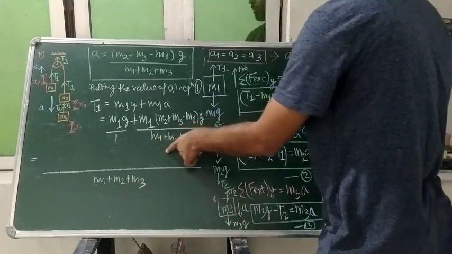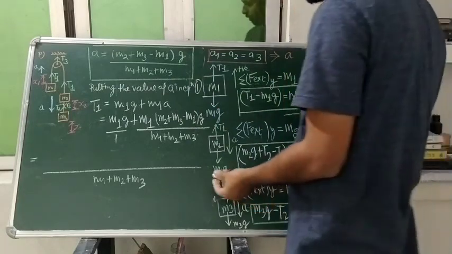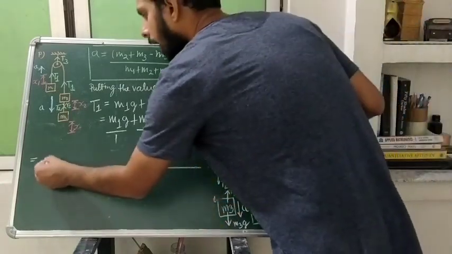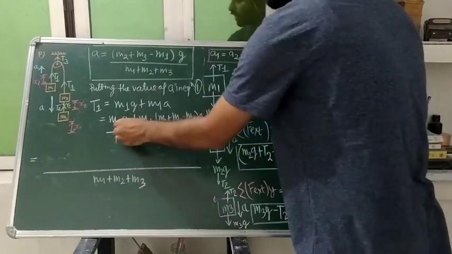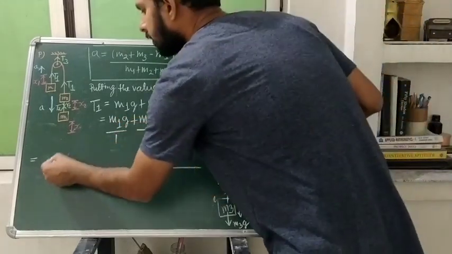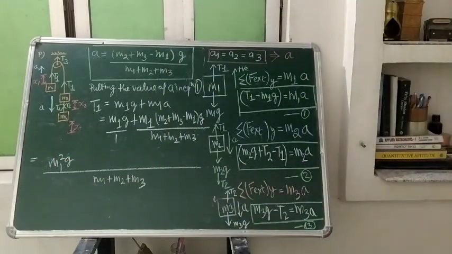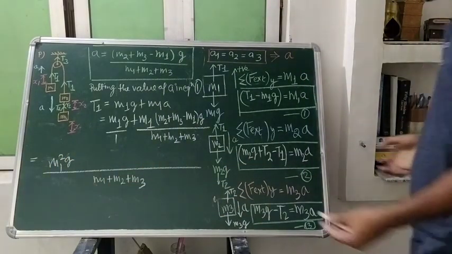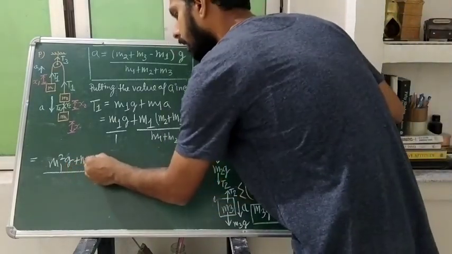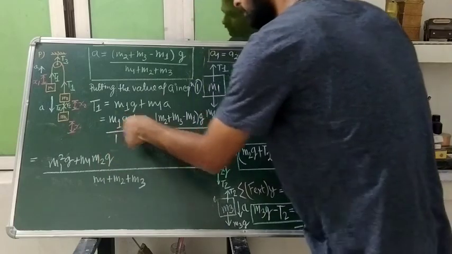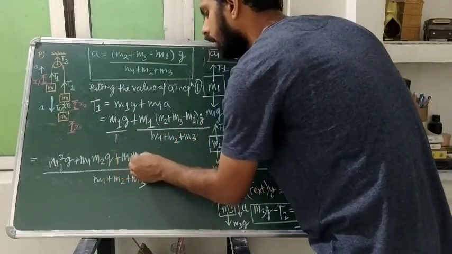LCM will come out m1 plus m2 plus m3 and it will get multiplied with that numerator. So it will come out what? m1 square. When this m1 will get multiplied with this, it will come out m1 square g, plus m1 m2 g, this multiplied by this, plus m1 m3 g here.